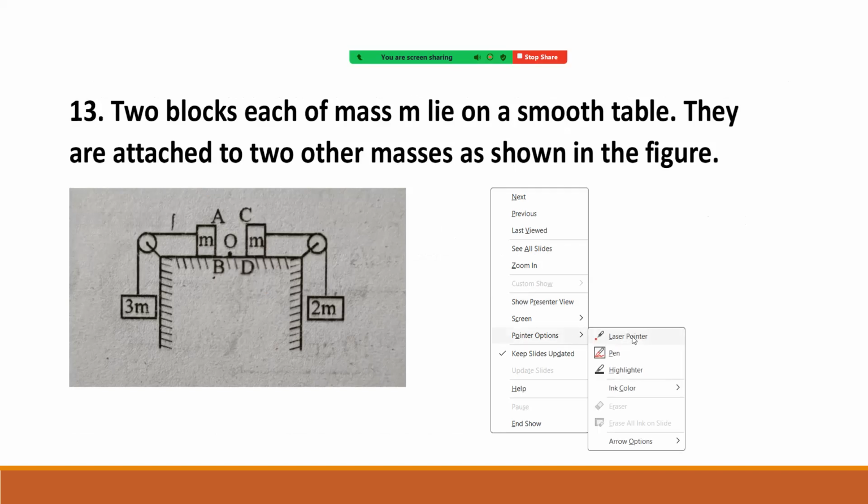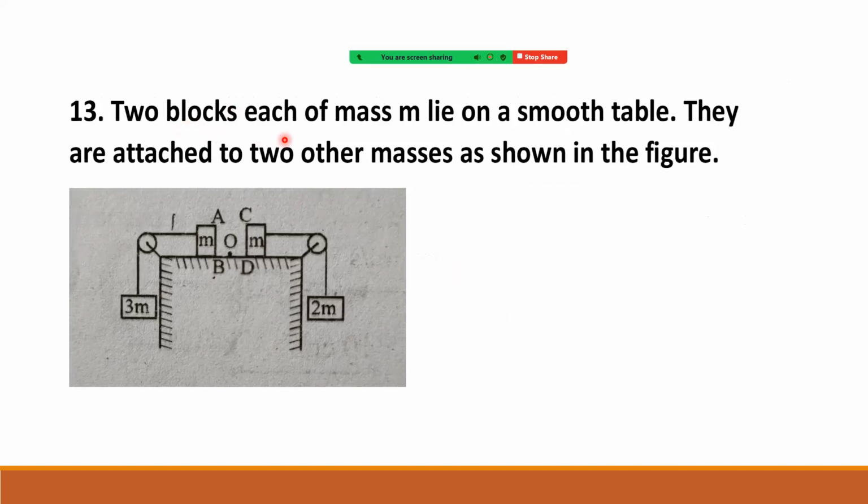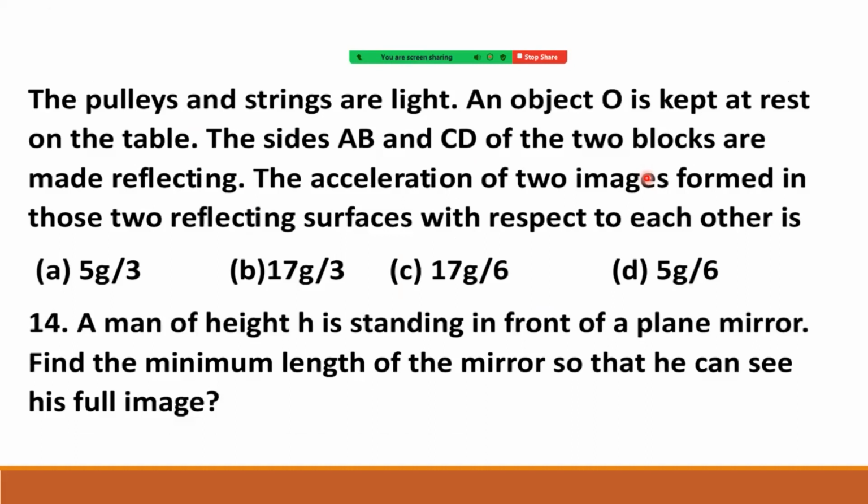Let's see the question carefully. Two blocks, each of mass m, lie on a smooth table. They are attached to two other masses as shown in the figure. The pulleys and strings are light.